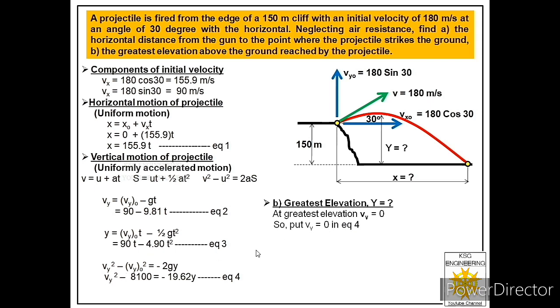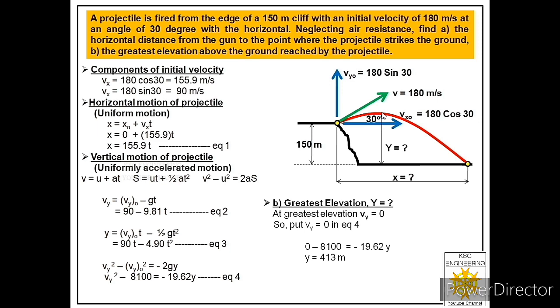So when we'll put that value in equation number 4, we can get small y, which is the distance traveled by the projectile from the point of projection to its maximum height, means this distance. So equation will reduce to 0 minus 8100 equal to minus 19.62y. So from here we will get that value as 413 meters. So we have found this distance 413 meters.